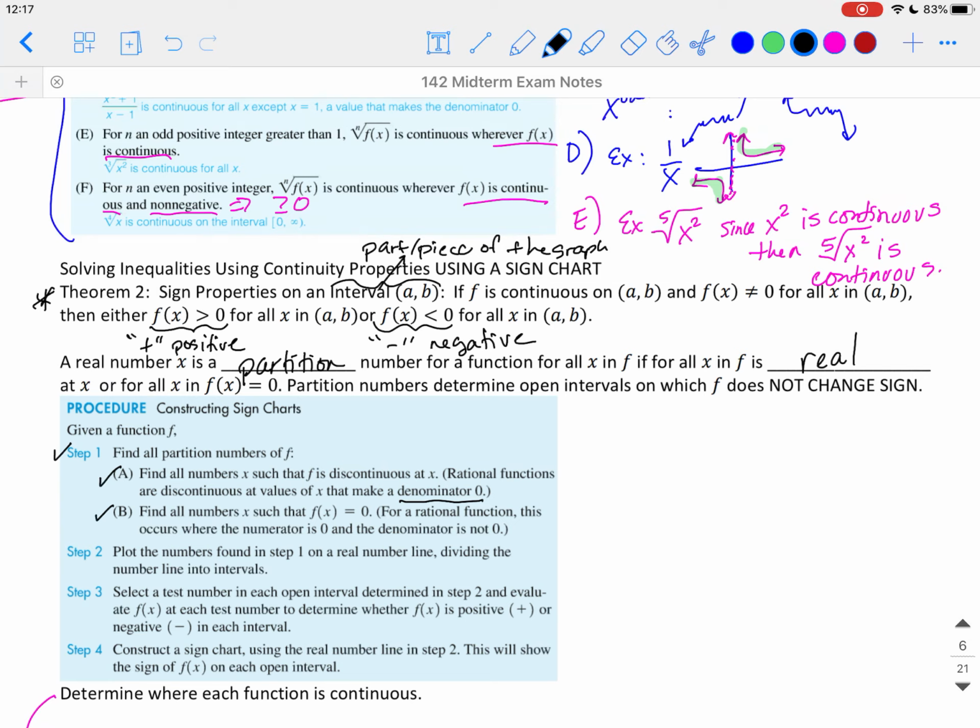So we find where the numerator is 0 and the denominator is not 0. Step 2, we're going to plot the numbers found in step 1 on a real number line, dividing it into intervals. Then we're going to select a test number in each open interval and see if it's positive or negative. And we're going to finish the sign chart using the signs, positive or negative, that we found.